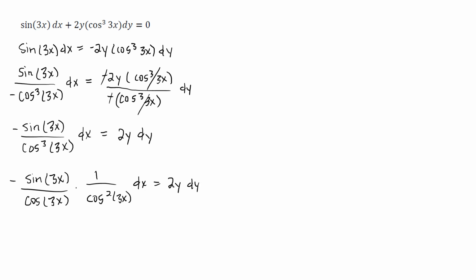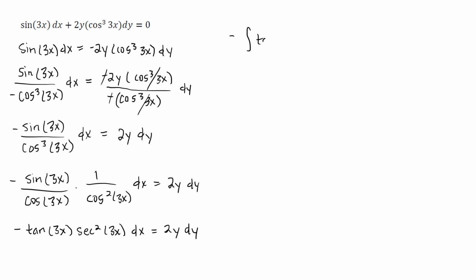Now, according to my trig rules, I know that sine over cosine is tangent. So this would be tan 3x. And I know 1 over cosine squared is secant squared 3x dx equals 2y dy. Okay, so now I'm going to integrate both sides.